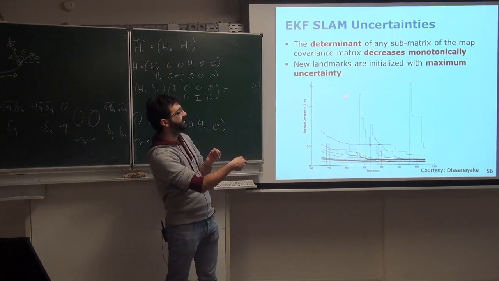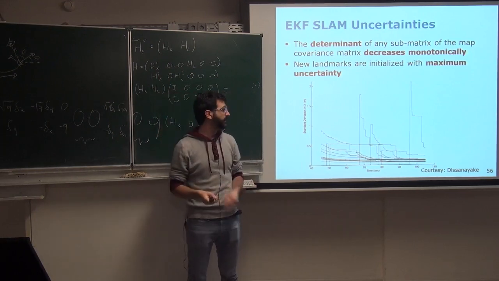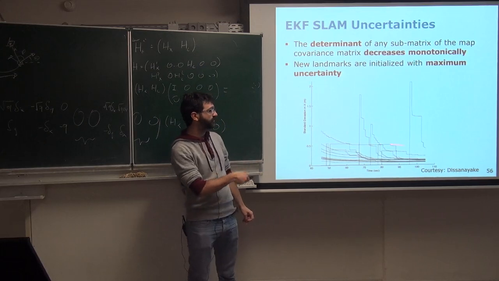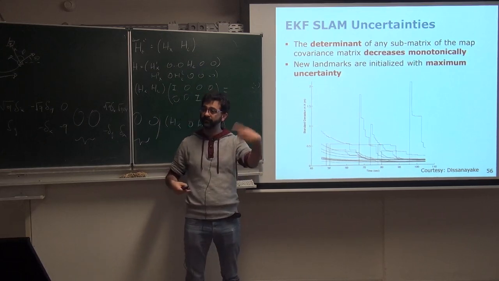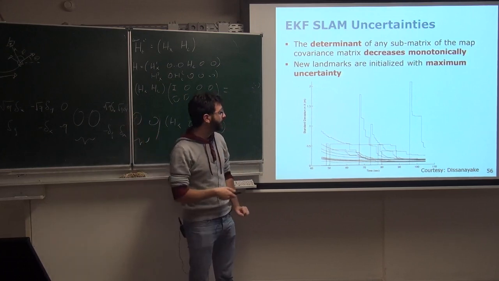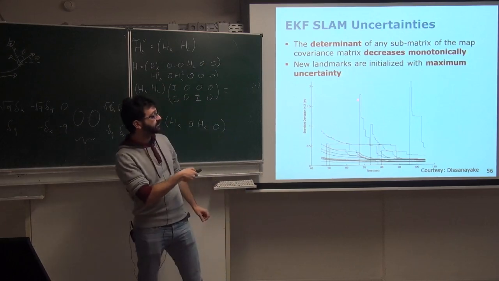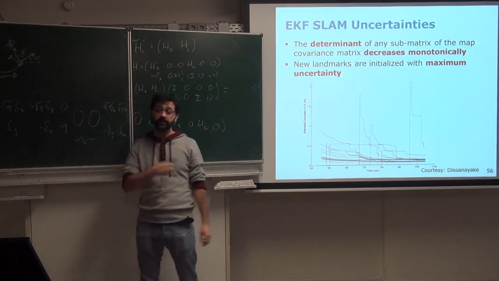Now, every time you go around and around, you can reduce this uncertainty each time you reobserve this landmark, or sometimes by observing something close by and so on. But one thing which is interesting is that this uncertainty always decreases. So there will never be an increase in the uncertainty of the landmarks.